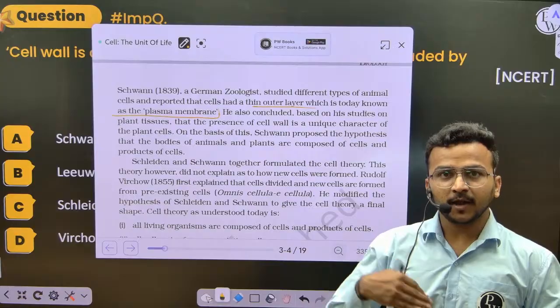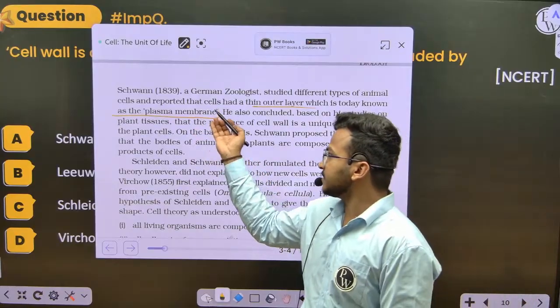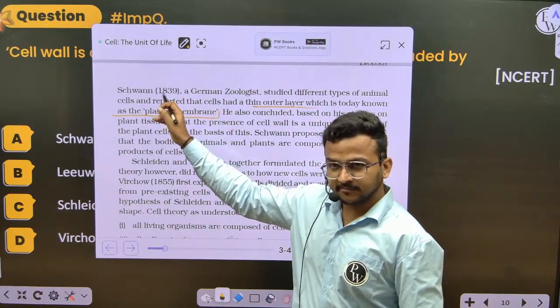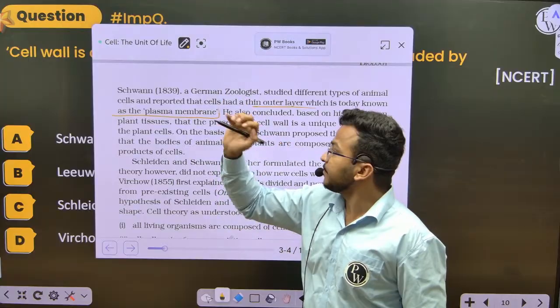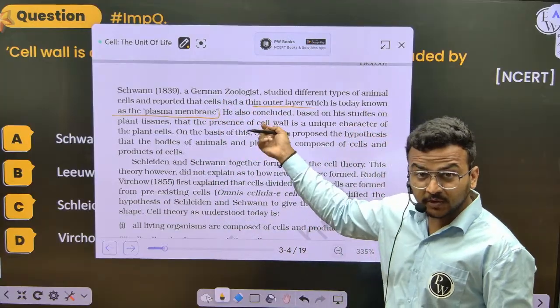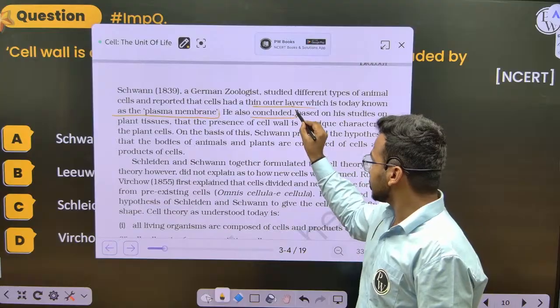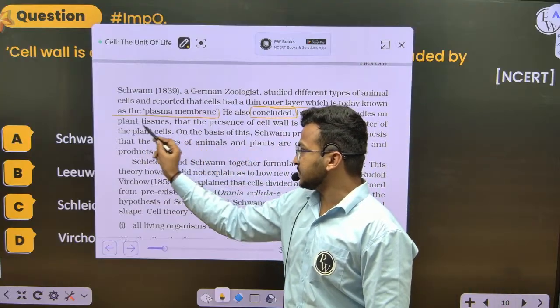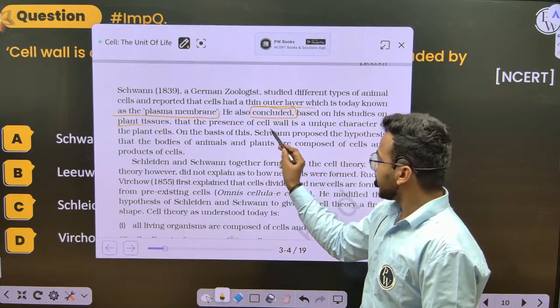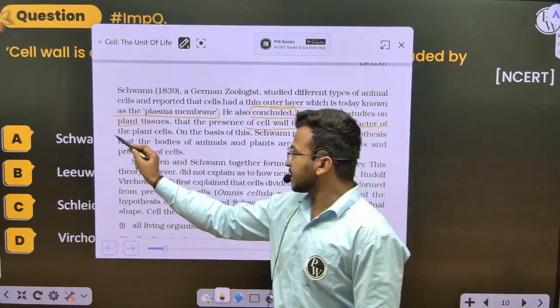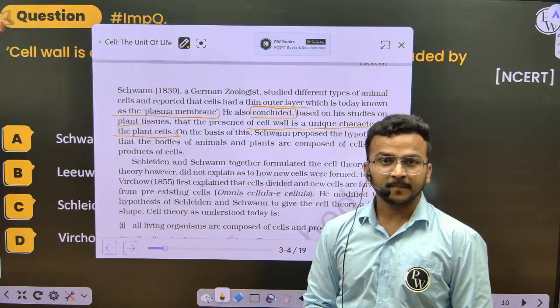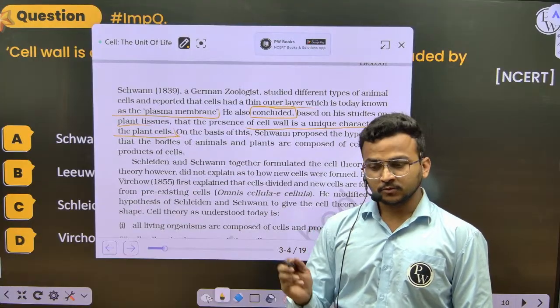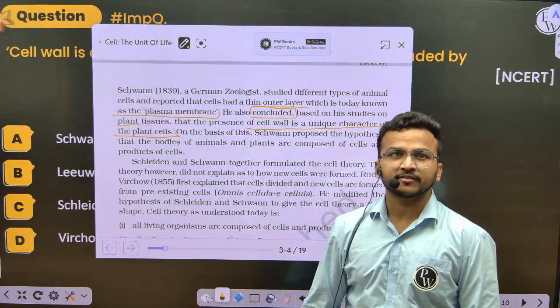But today what we are referring to as the plasma membrane was first observed by Schwann. And he also concluded in his studies of plant tissues or plant cells that the presence of a cell wall is a unique characteristic of a plant cell. Animal cells won't have this cell wall.